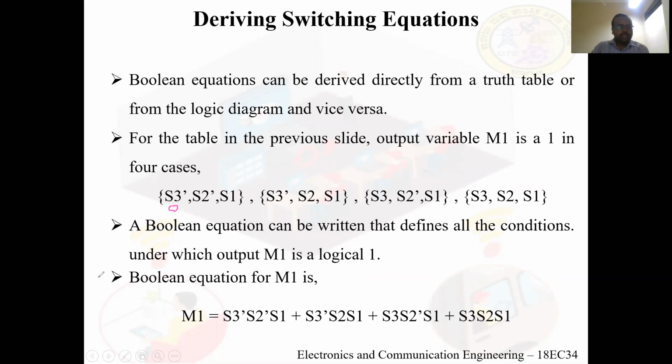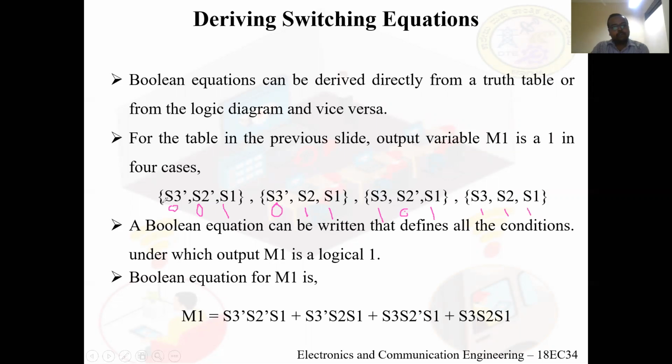Just please bear with the handwriting for this one. 0, 1. Now it is S3 bar. When it is bar, it is 0. This is 1, this is 1. Since S2 bar here, it is 0. It is S1, it is logic 1, 1, 1, and 1.